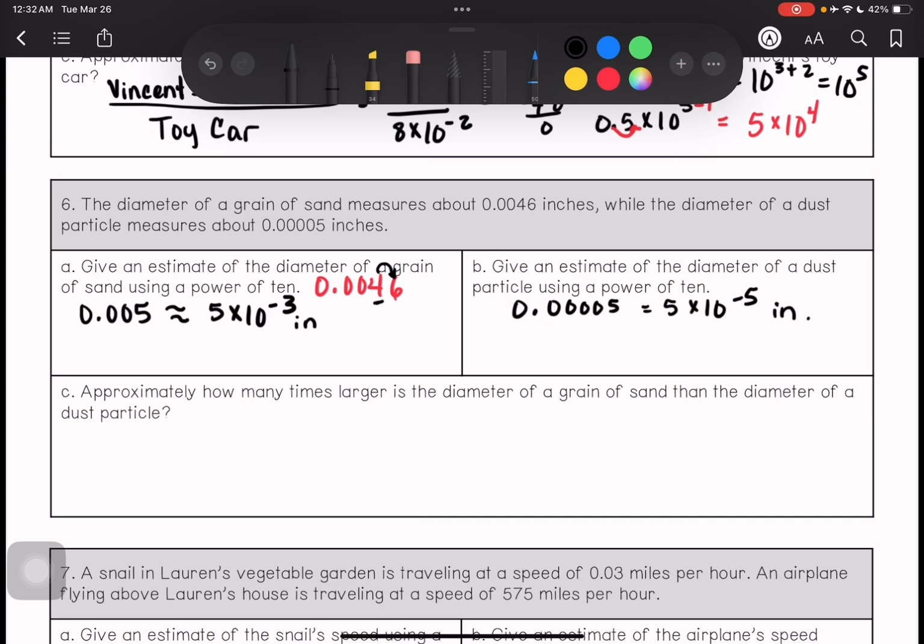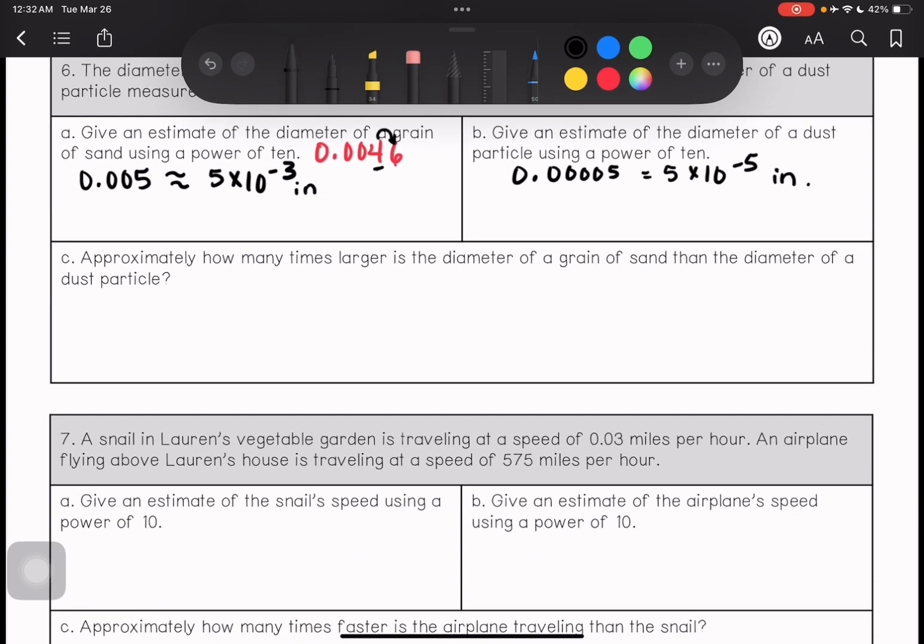For letter C, it says approximately how many times larger. How many times larger means to divide. It says how many times larger is the diameter of a grain of sand than the diameter of a dust particle. So we have a grain of sand divided by the dust particle.